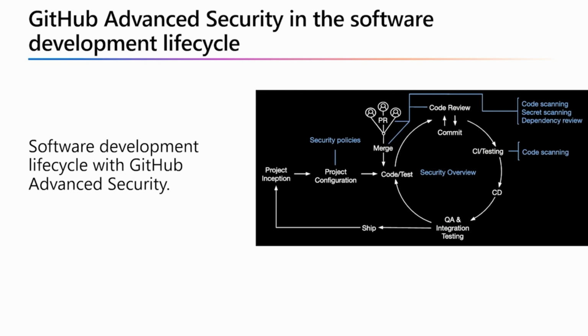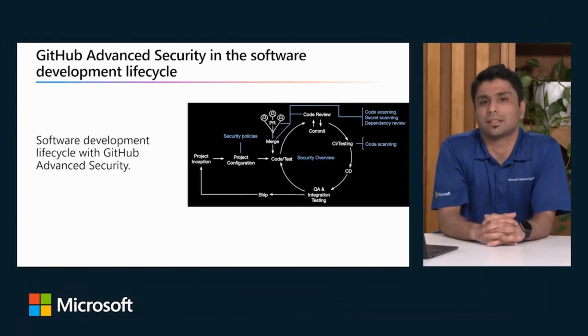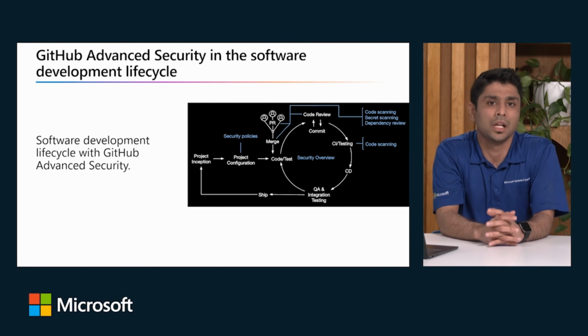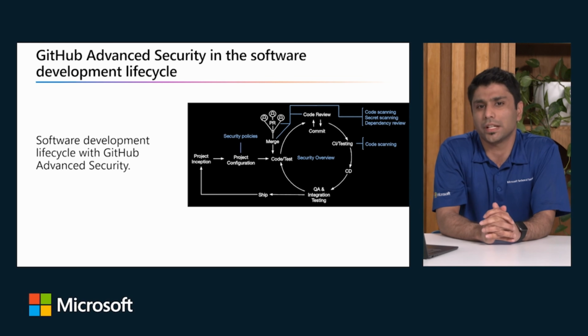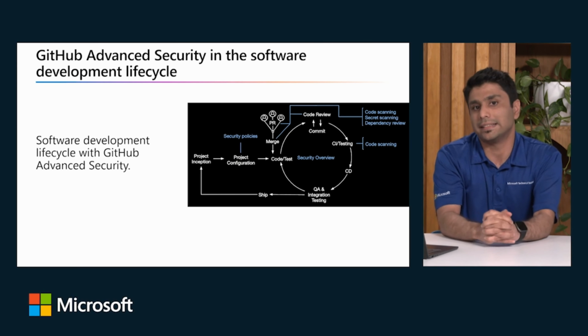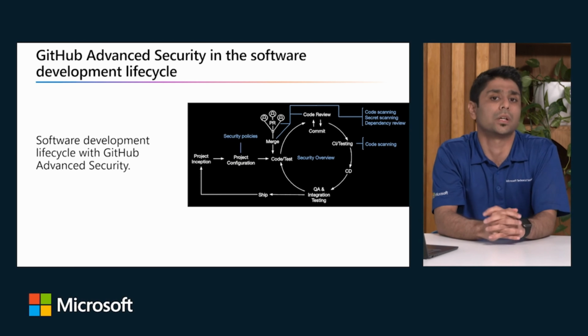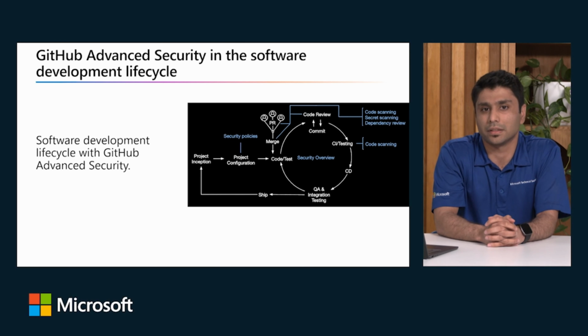Now in GitHub, we have something called GitHub Advanced Security that can really help us out. It has security policies that allow you to set up security from the very beginning and can be included in the project configuration. It has code scanning that scans for potential vulnerabilities and coding errors at every merge and commit. It has secret scanning that scans for credentials, for example tokens and private keys that might have been accidentally included in your commit or PR. It has dependency review that keeps track of project dependency changes and their impact on project security.